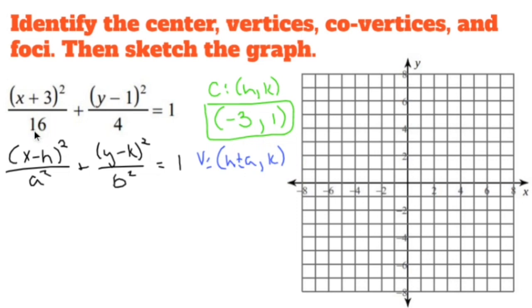Now, 16 is a squared, which means a is the square root of that, 4. So I have two vertices here, h plus 4 or negative 3 plus 4, which is 1. K doesn't change. And my other vertex is going to be h minus 4 or negative 3 minus 4, which is negative 7, and then k is 1 still. So these are my vertices.